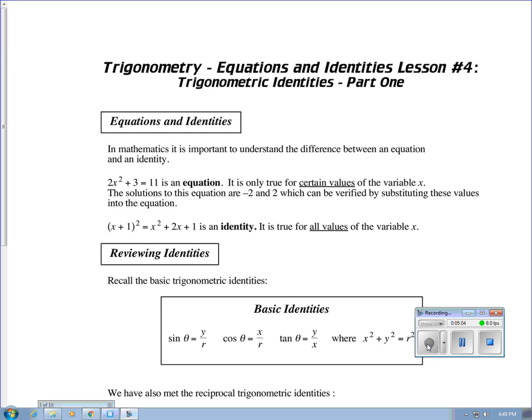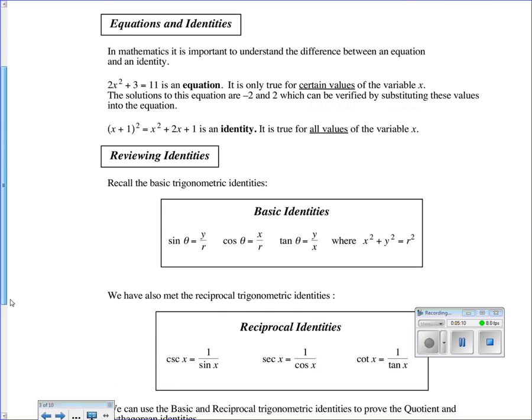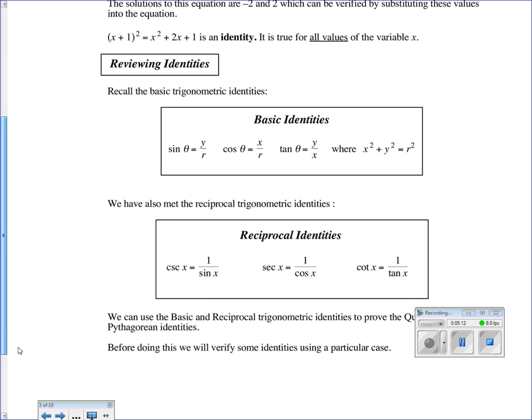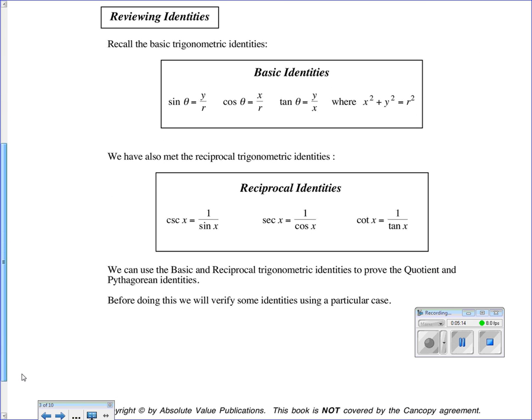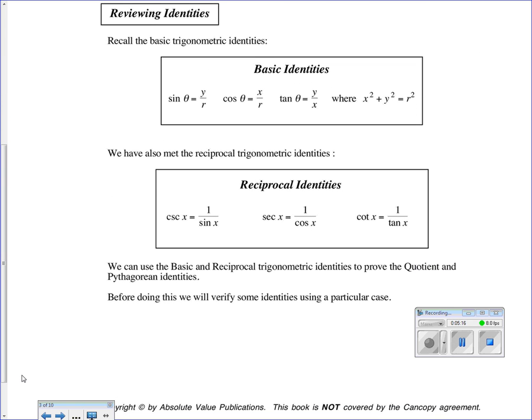If we slide down a little bit here, you'll see what we already know: sine, cos, tan, Pythagoras, and the reciprocal trig identities, which we already are aware of. But we want to look at the method of dealing with identities, and that's proving that the left side is equal to the right side.